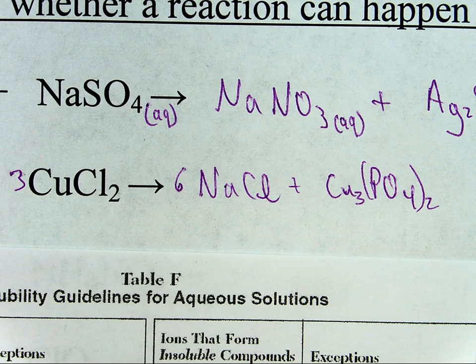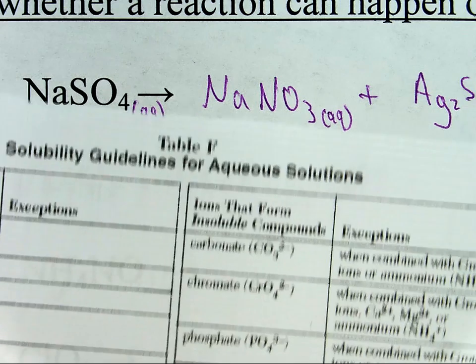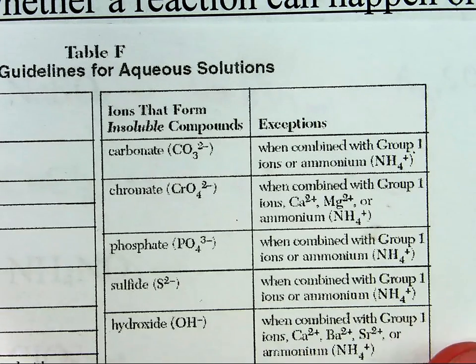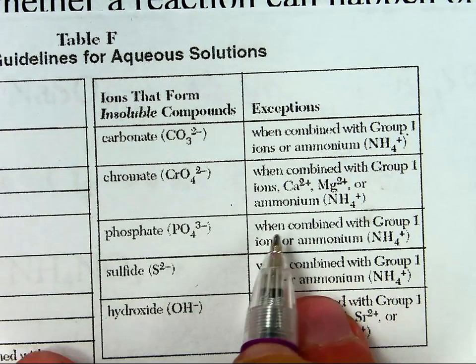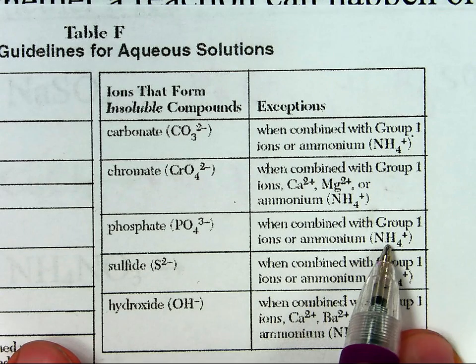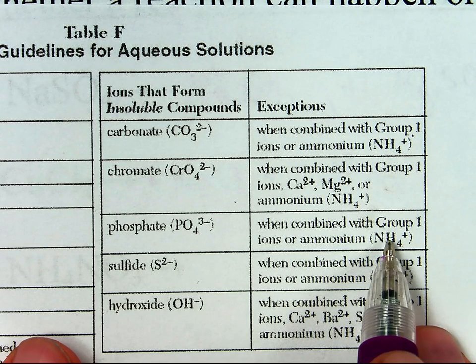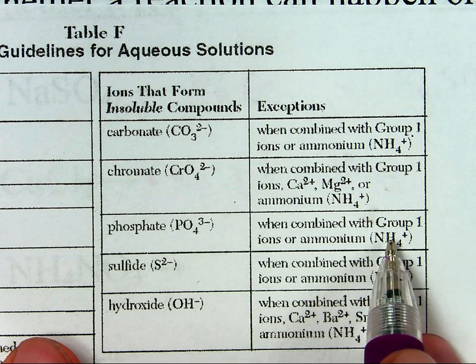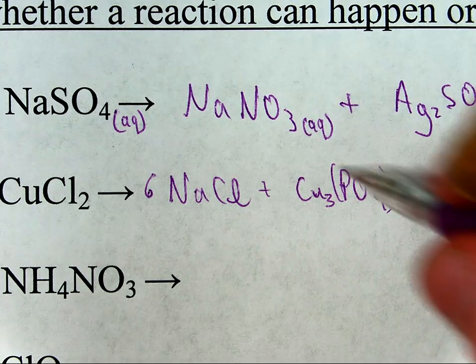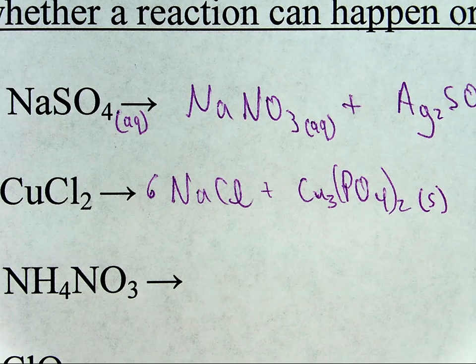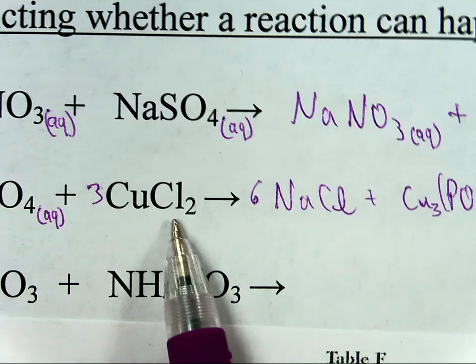What about copper 2 phosphate? Again, phosphates don't dissolve in water unless it's a group 1 or an ammonium. Copper is neither of these, therefore it follows the rule of not dissolving in water, therefore this is a solid. I can already say the reaction is going to happen, but for completeness' sake, let's look at the others.